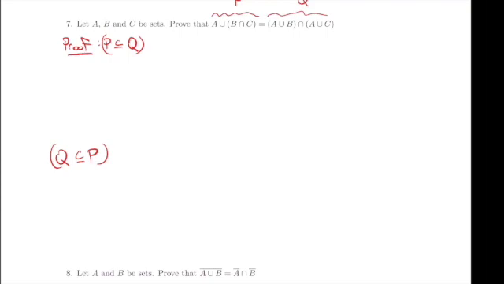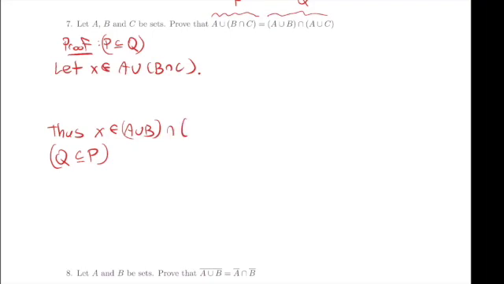So for example, here we could say, let X be some element in A union B intersect C. And then we're hoping to show that therefore this element would be in set Q in this case.